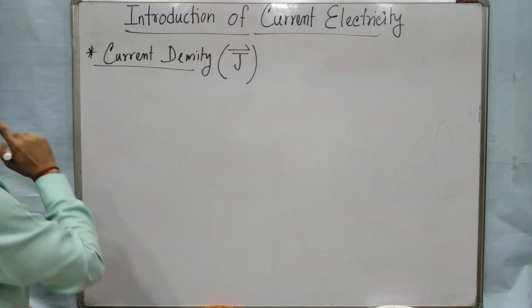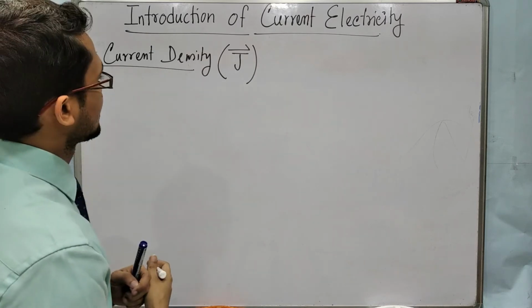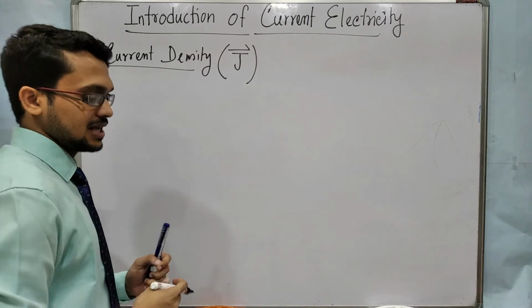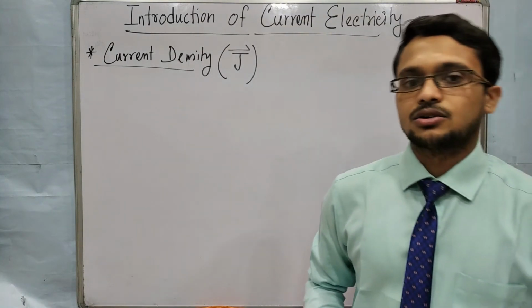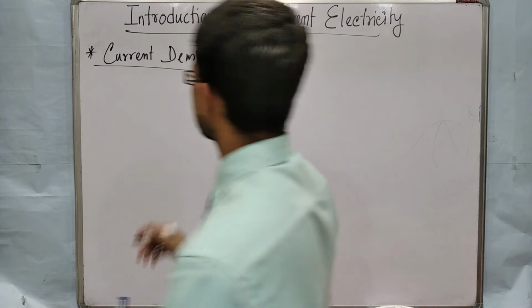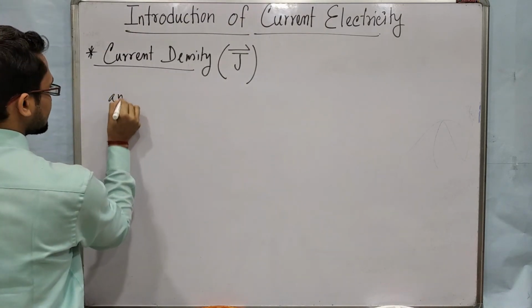So what is the meaning of this current density? Current density means the amount of current flowing through a unit cross sectional area.